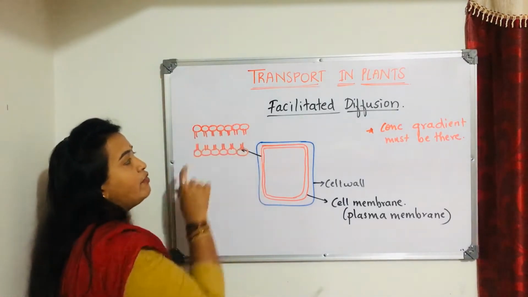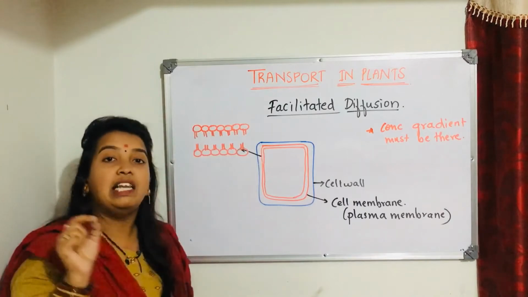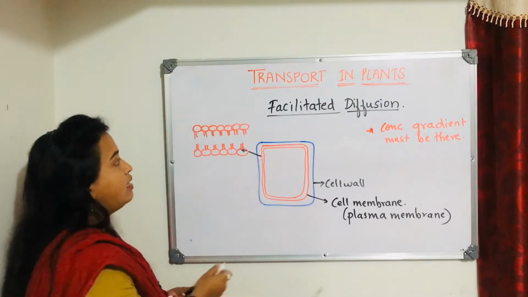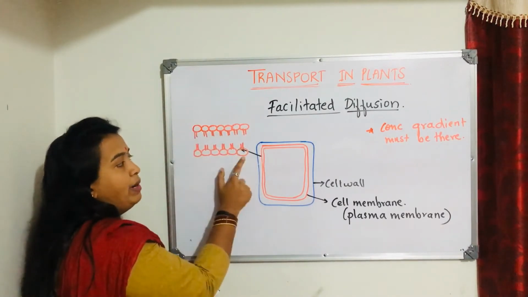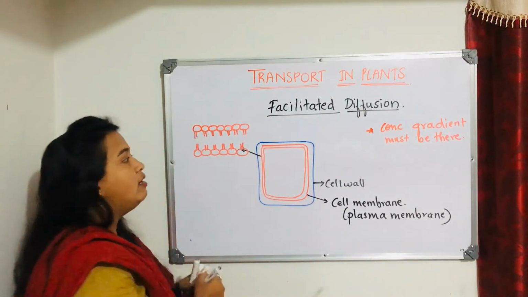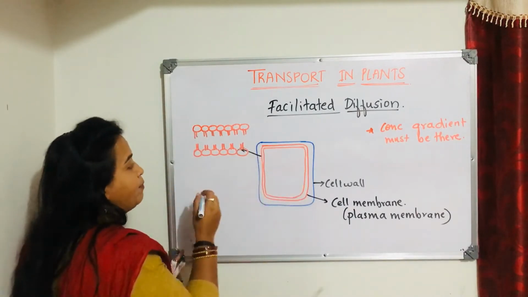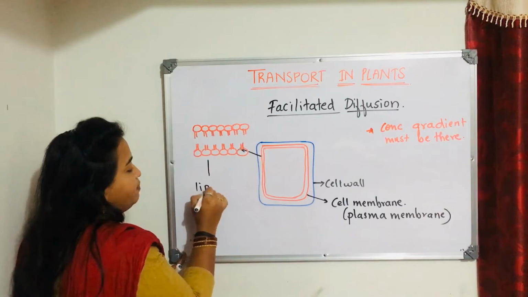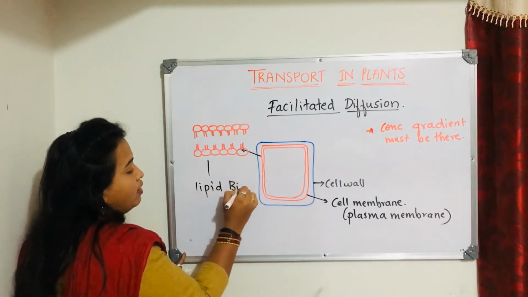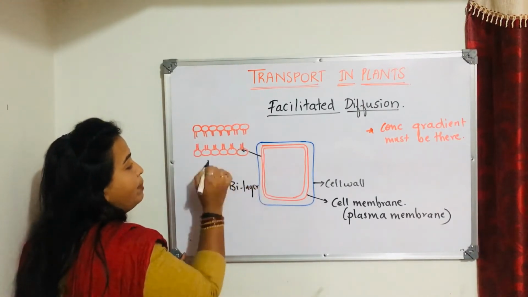So plasma membrane, if you see, actually it is like this. It is a lipid bilayer. This is also a lipid layer, this is also a lipid layer. Two lipid layers together will form one plasma membrane. So it is a lipid bilayer, right? So two layers of lipids are there.